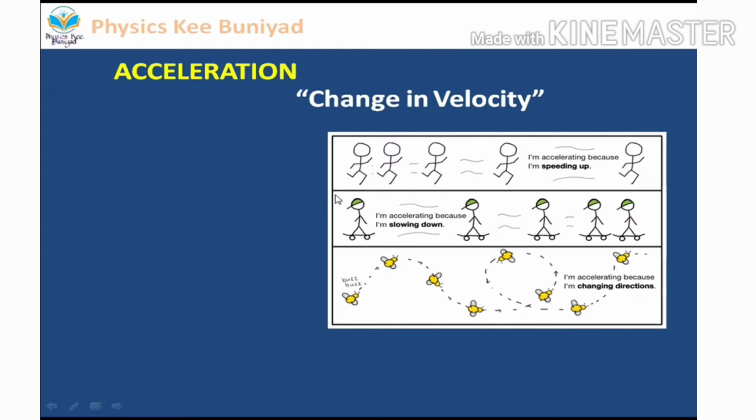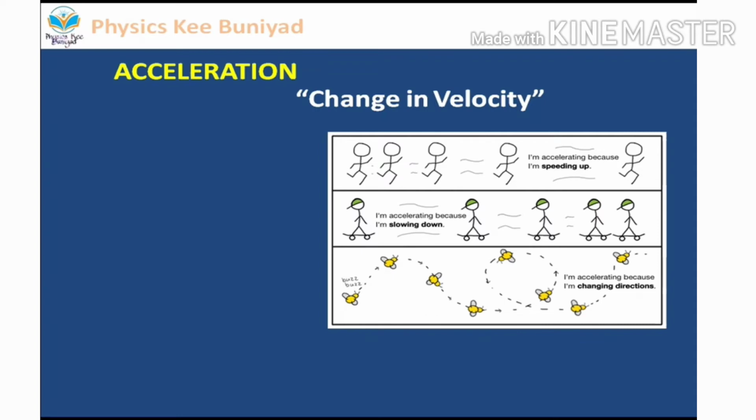If you look at the first line of this figure, a cartoon is running. It is gradually increasing its speed, which means its velocity is changing, so in the first case there is an acceleration.